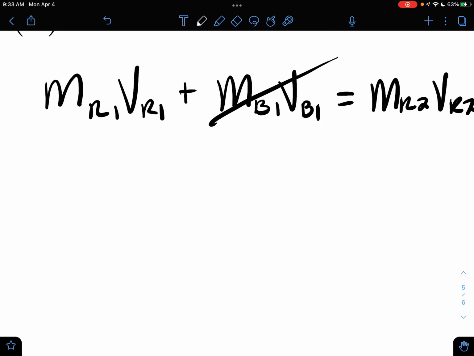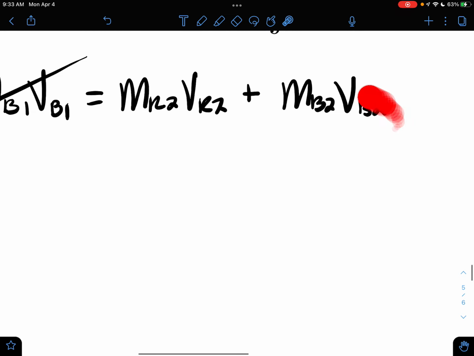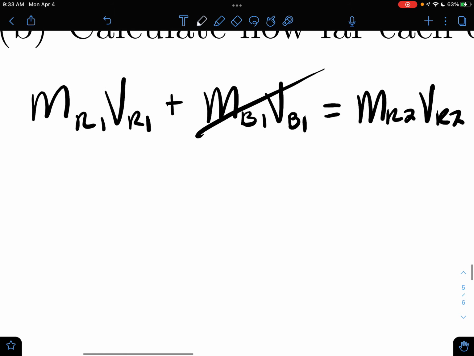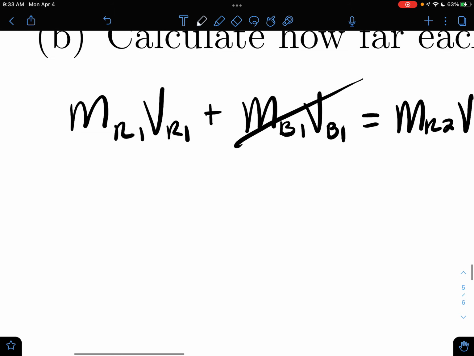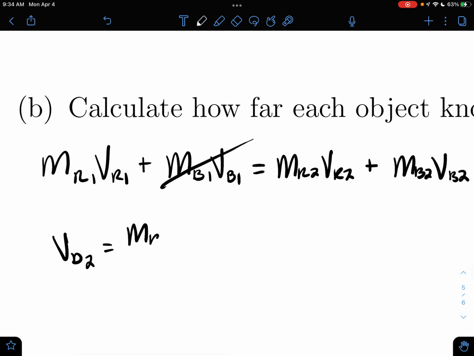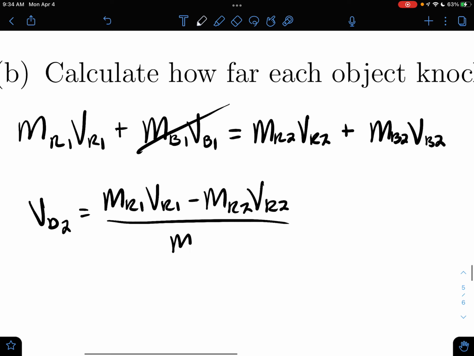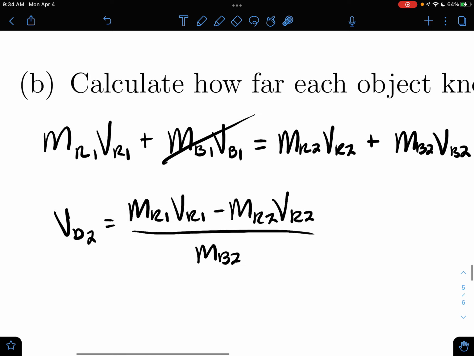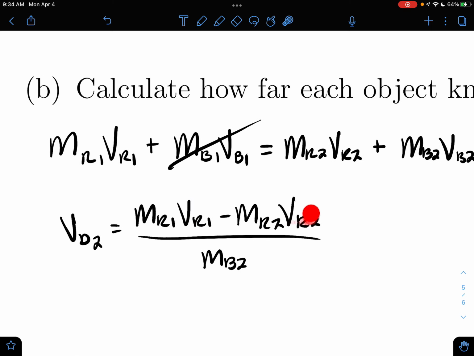So solving for the velocity of the box at the end, because we have the velocity of the ball at the end, VB2 equals, I'm going to subtract and divide, MR1 VR1 minus MR2 VR2 over MB2, which makes sense. This is our initial minus final.